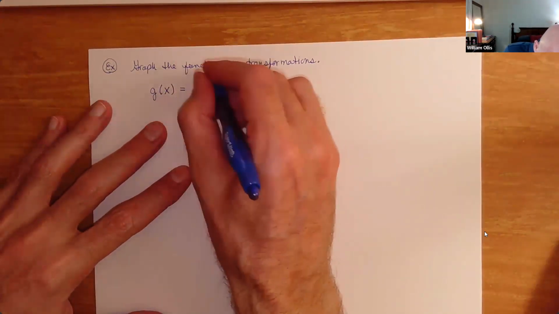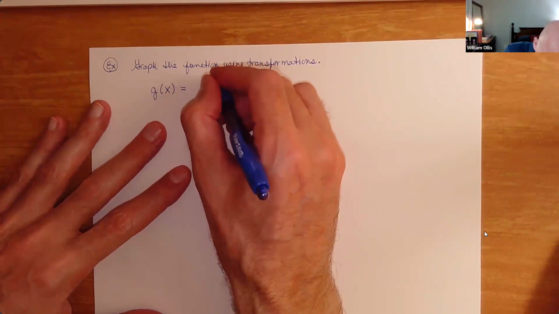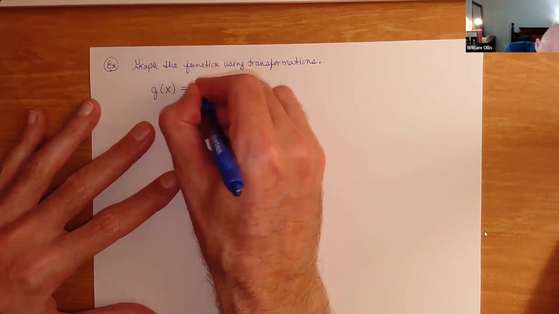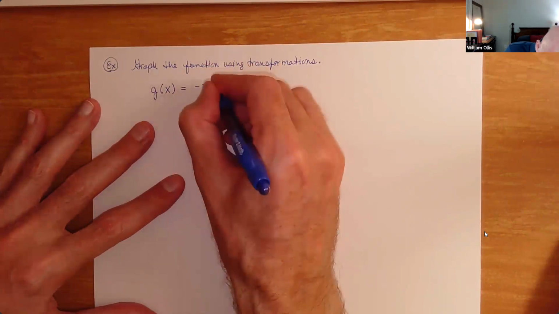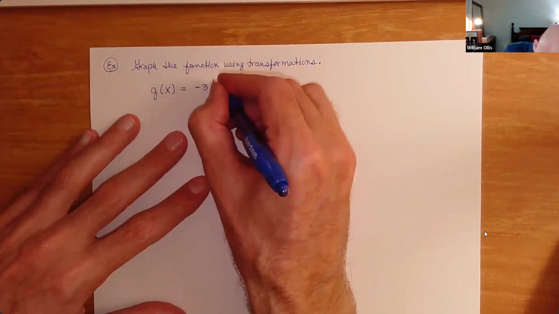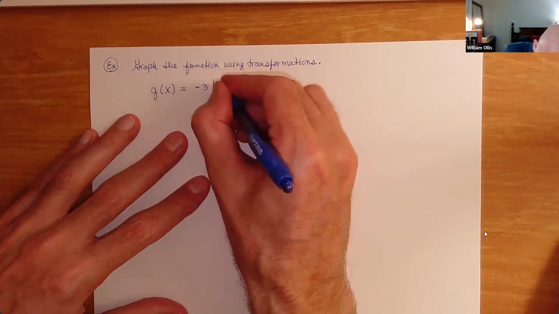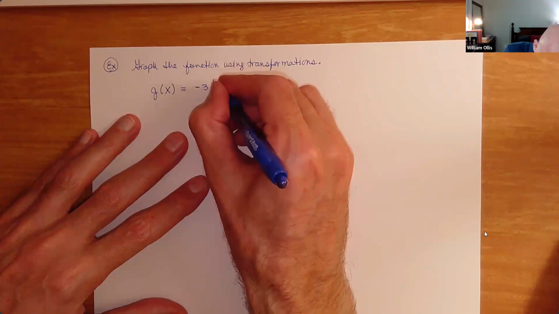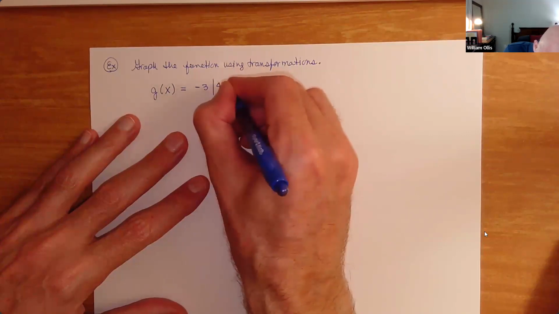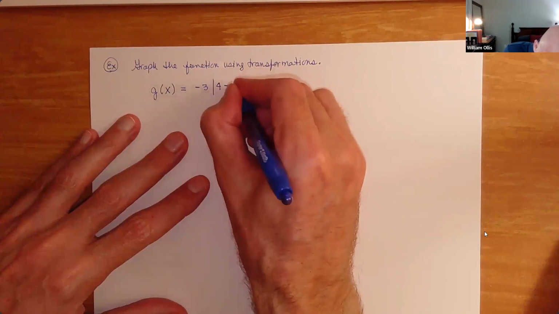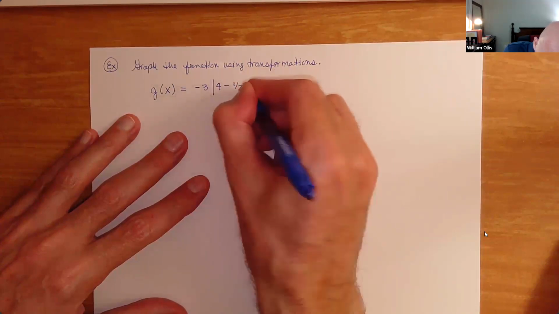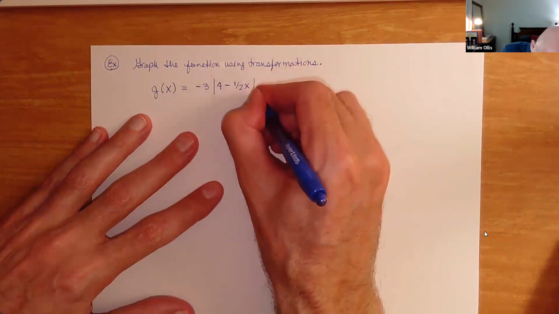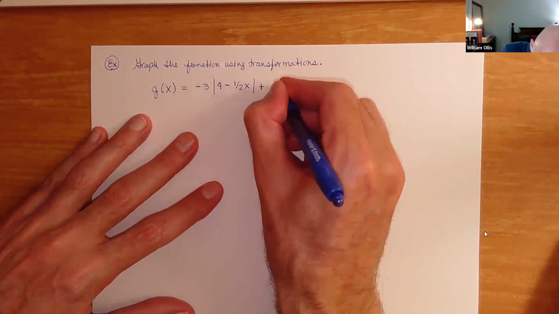Let's do another vertical axis transformation. So we'll do like a -3, and let's do a 4 minus a 1/2 x. So we can do a horizontal stretch plus 2. Okay.